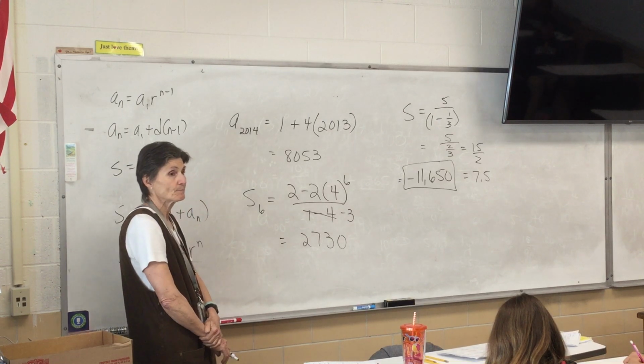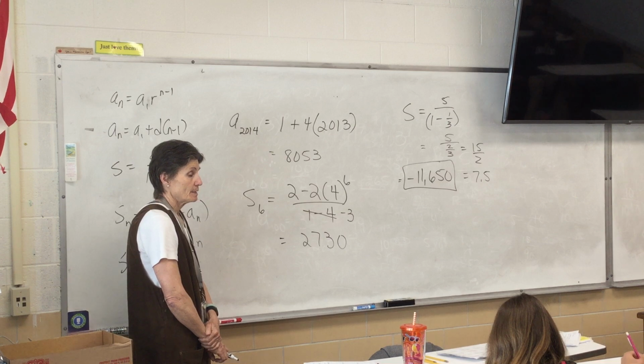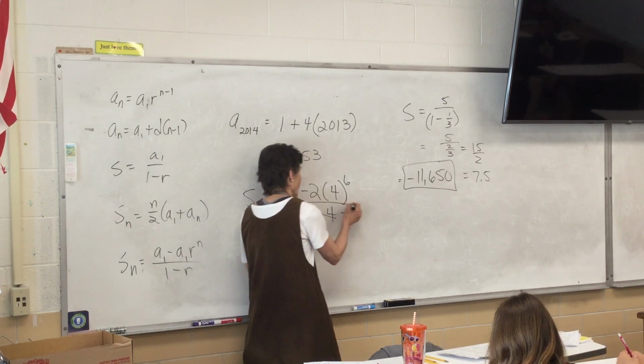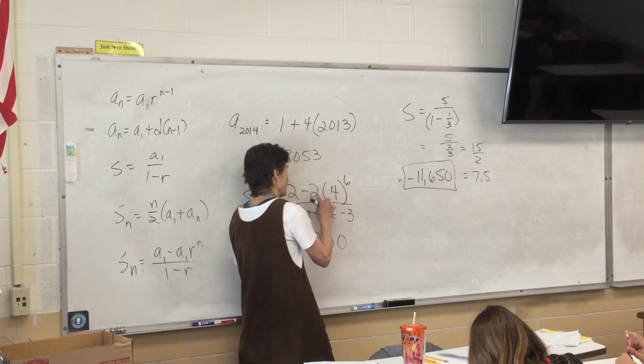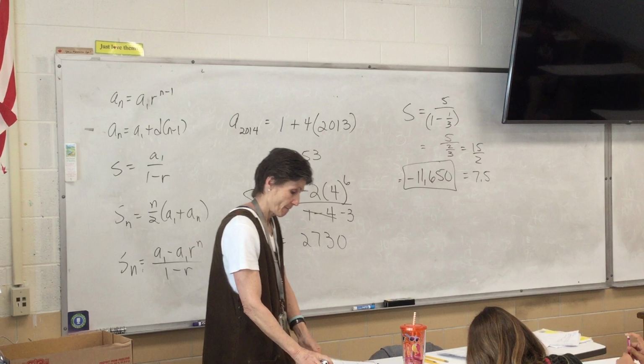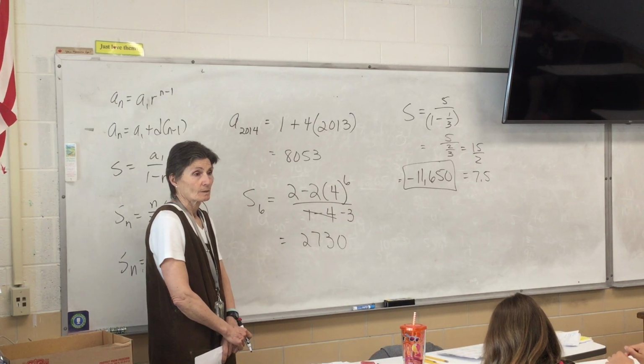Anybody else get that? 2730? If you didn't get that, make sure that you hit equals after you type all this in, and then divide it by -3. Okay?